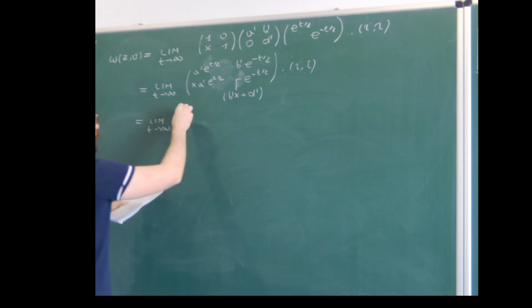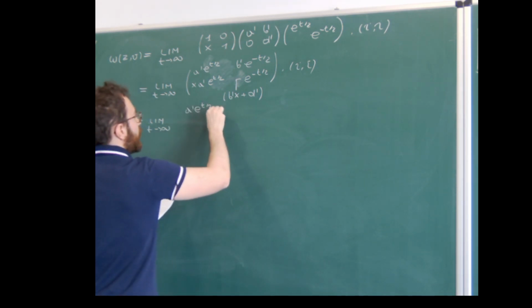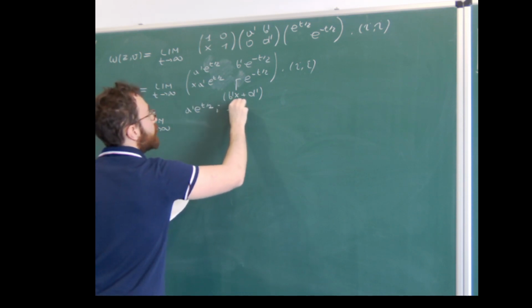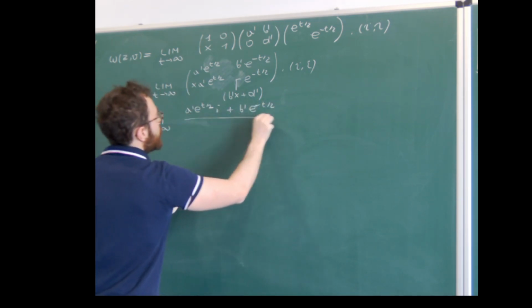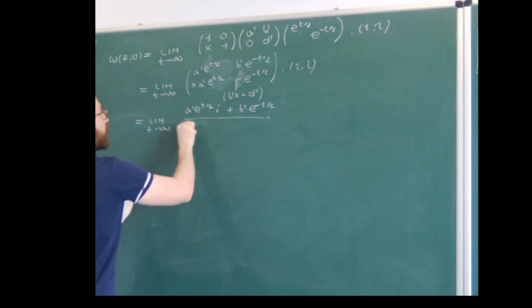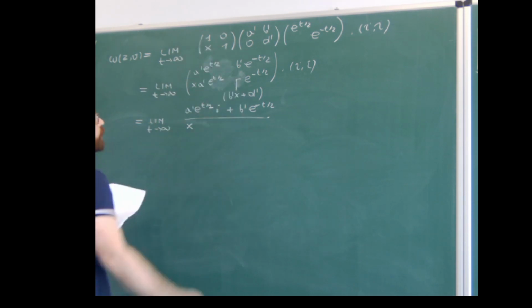So it's a prime e to the t halves I plus b prime e to the minus t halves, divided by x. So we just need to compute what the component z does.